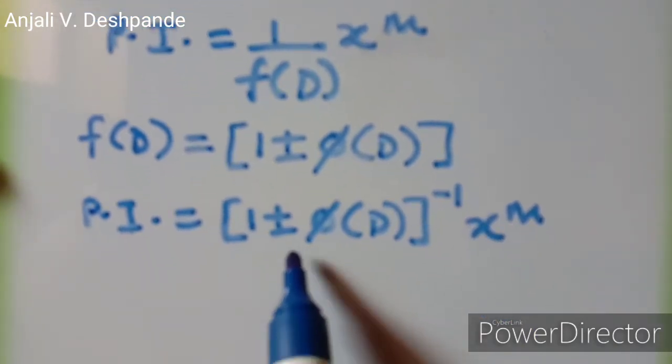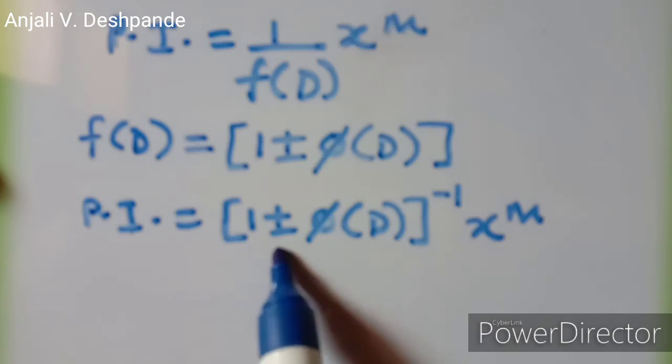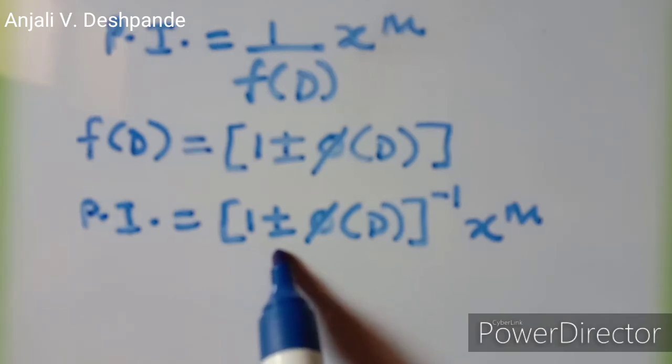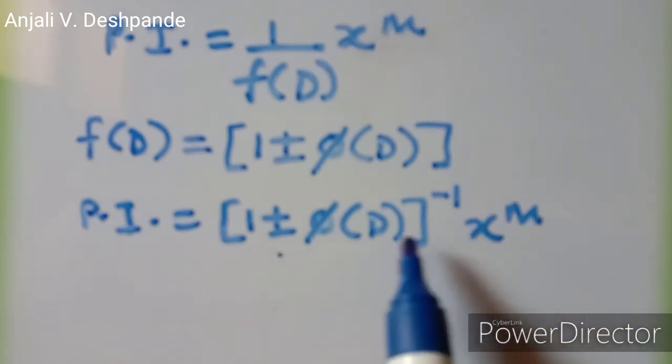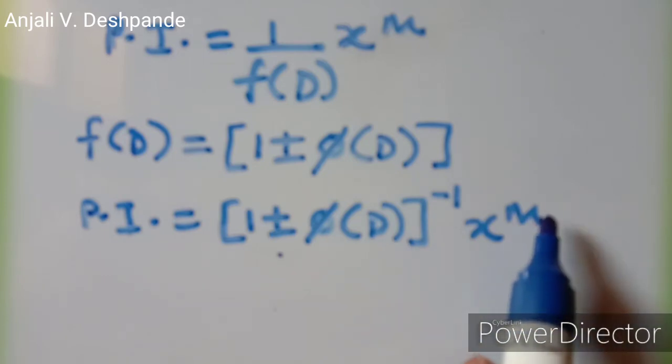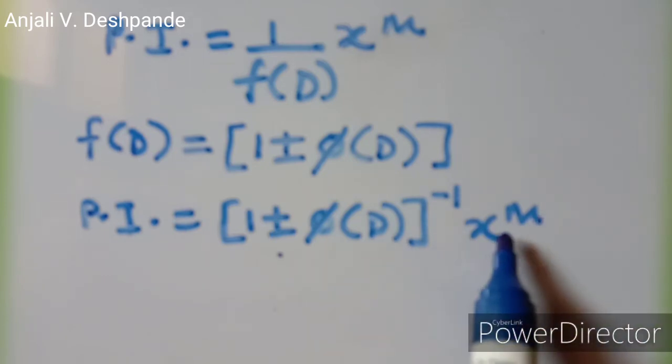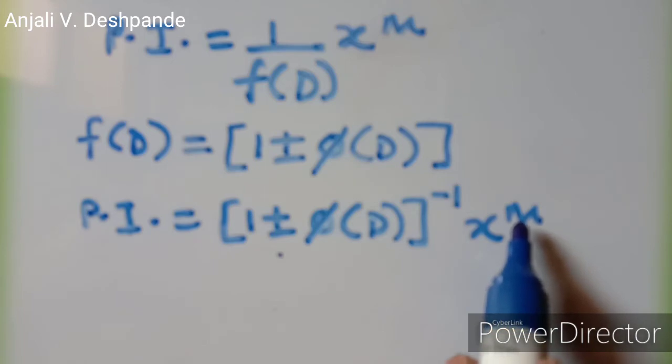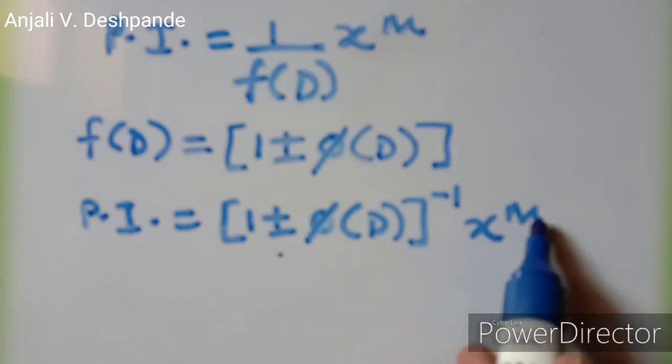First you have to expand this binomially up to the mth degree. Why up to the mth degree? Because the (m plus 1)th derivative of x raised to m will be 0.